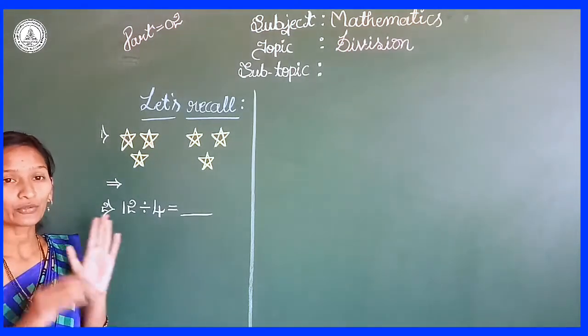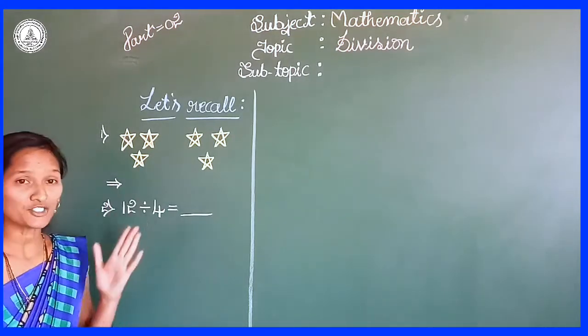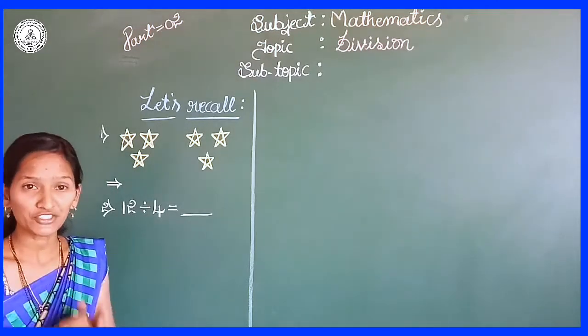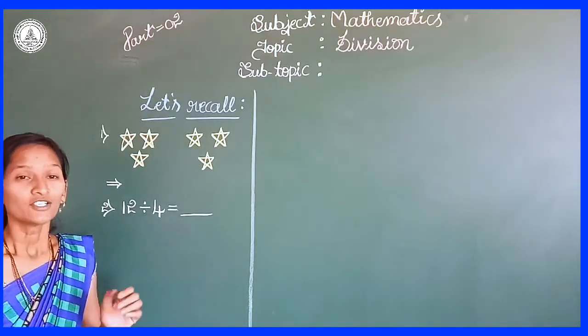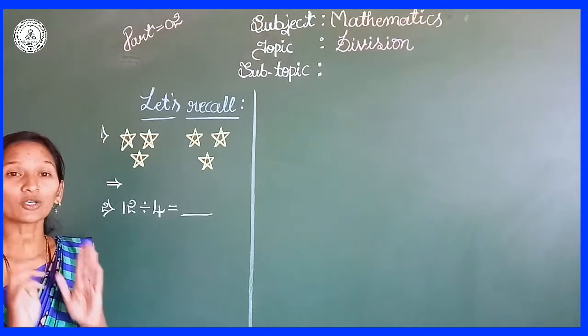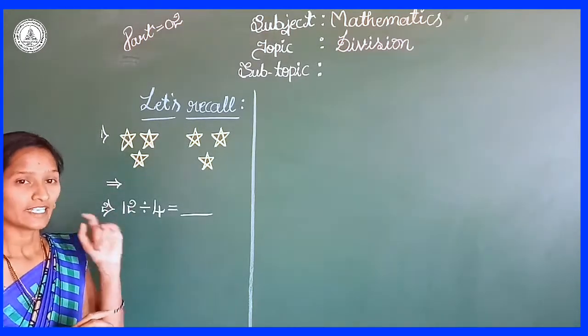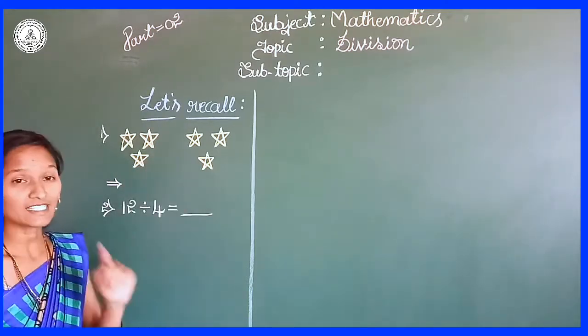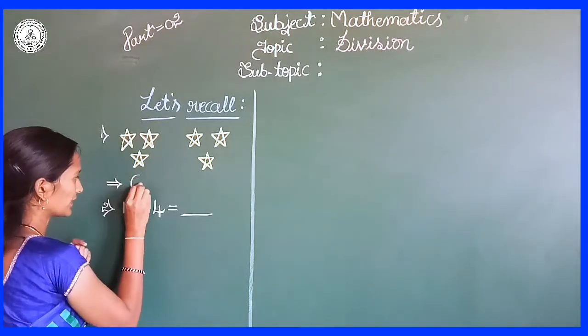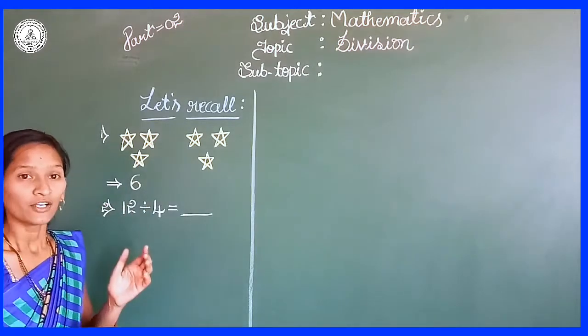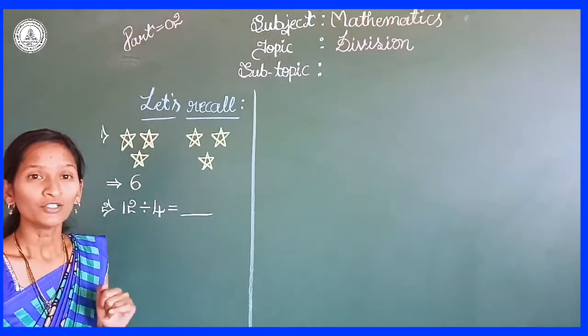You have to write down this arrangement using a division symbol. First, write down the total number of stars. How many stars are there? The total, 3 plus 3, is 6. So I am writing 6 here. Next, which symbol are you writing here?